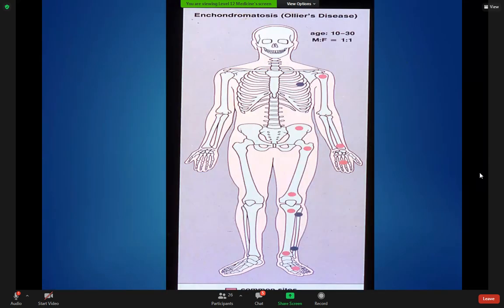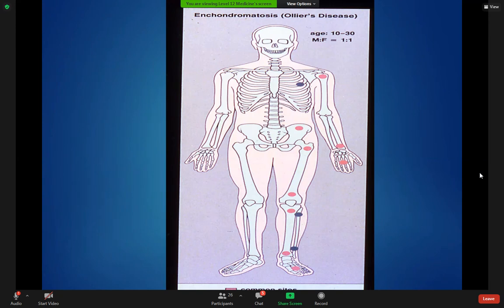If you have multiple enchondromas, there is a genetic disorder called enchondromatosis, which means multiple enchondromas, Ollier's disease. It's a genetic disease characterized by multiple enchondromas with huge sizes, and it runs in families. It's a very, very disabling and disfiguring disease, although the tumors are benign.